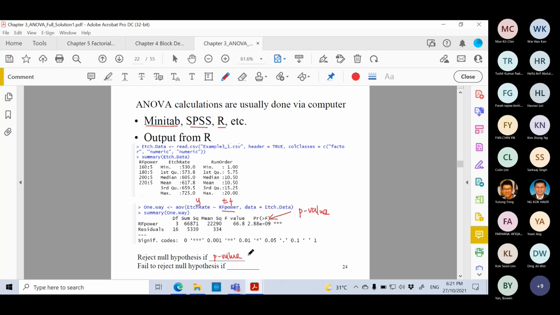If the P value is greater than alpha, you fail to reject the null hypothesis. Okay, so these two rules, I believe that if you go through any statistical course that carries out hypothesis testing, this rule will apply for all. Okay.